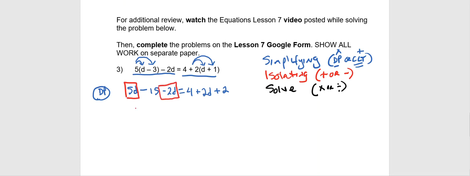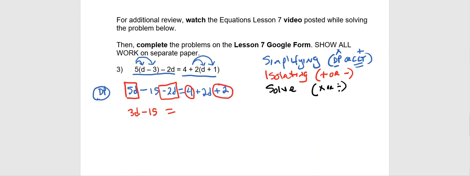It's negative 2d. And that's going to give us 5 plus negative 2 is 3d minus 15 is equal to, and I'm going to see if there's any opportunity. There may or may not be, but if there is an opportunity to combine on the right side, I will do so. And I can see the 4 and the positive 2.